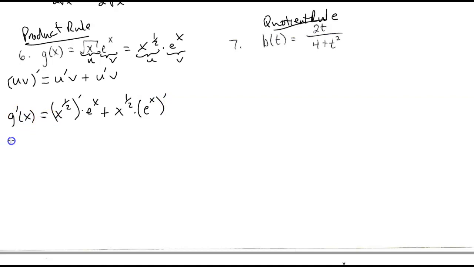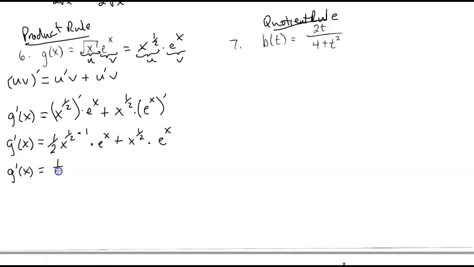If we remember the power rule, the derivative of x raised to the 1/2 is just 1/2 x raised to the 1/2 minus 1. And then all that times e to the x plus x raised to the 1/2. And remember that this is my favorite derivative here. The derivative of e to the x is just what? Yep, that's right. It's just e to the x. It is itself. And so here, all we have to do is simplify.